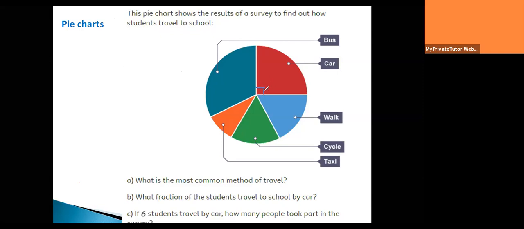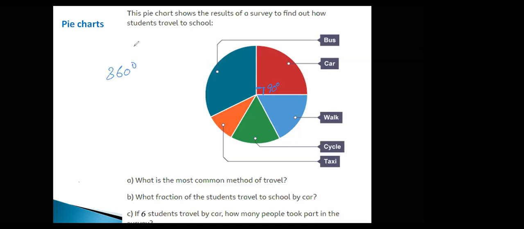For the remaining, we don't have an option to find it here, but we can if more data is given. In this question, I don't think enough data is given. You can see that the total is 360. I think you know that: the complete circle is 360.